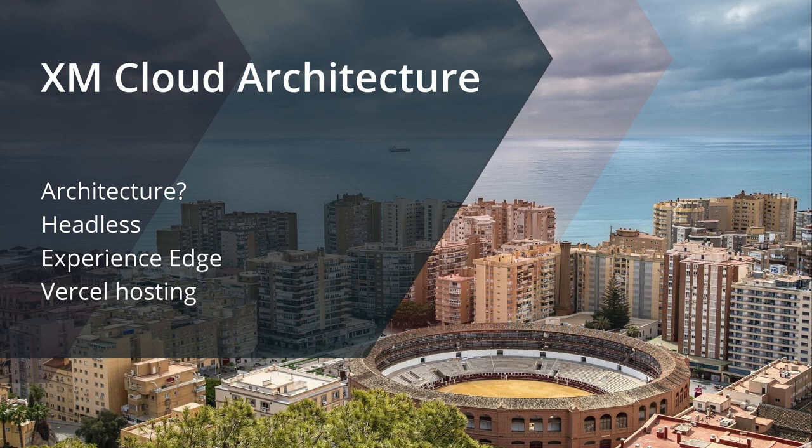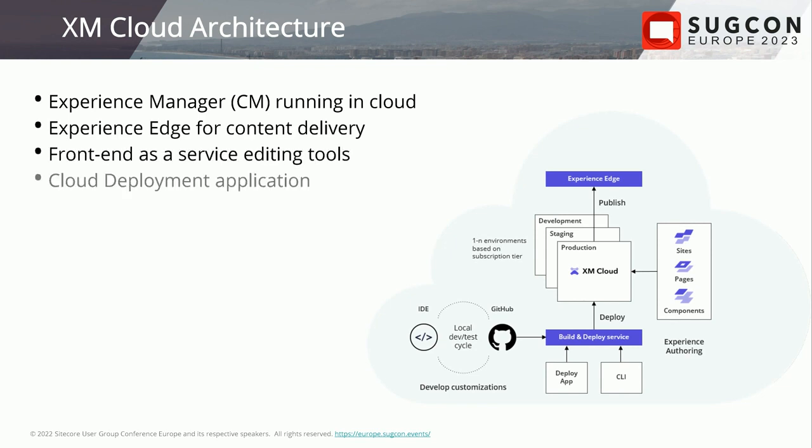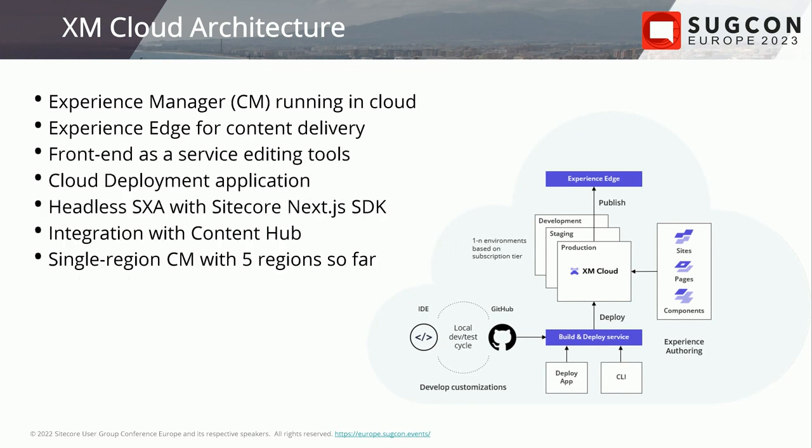Let's talk about XM Cloud architecture in detail. XM Cloud is basically your CM instance running in the cloud. It has Experience Edge for content delivery, Frontend-as-a-Service editing tools, which we know as sites, pages, and components. It also has the Deploy App, which allows you to make deployments from a nice graphical user interface.